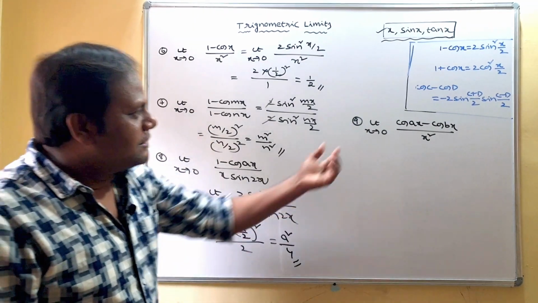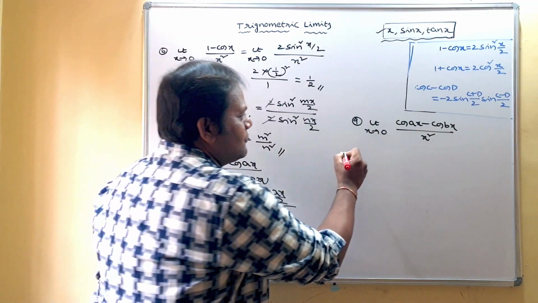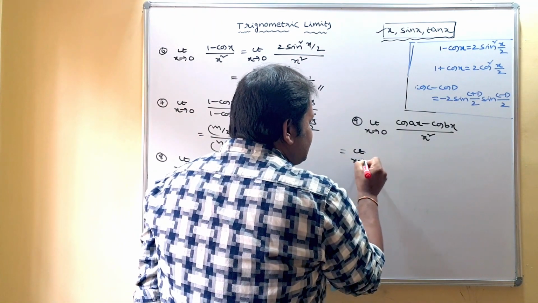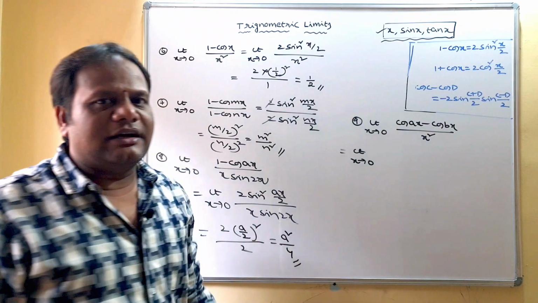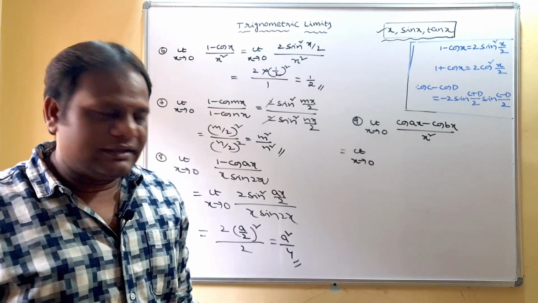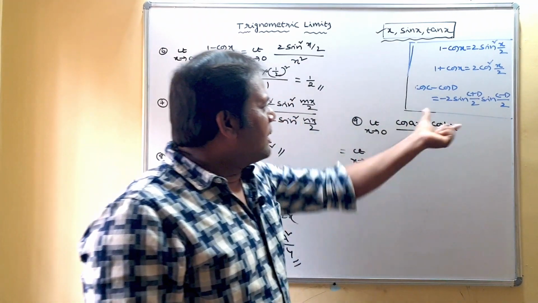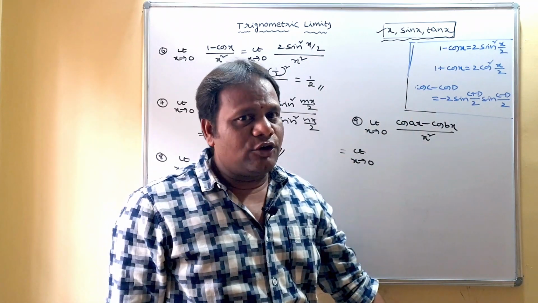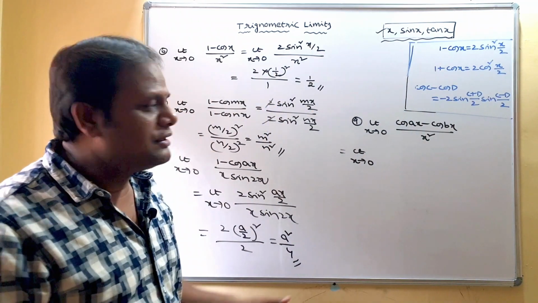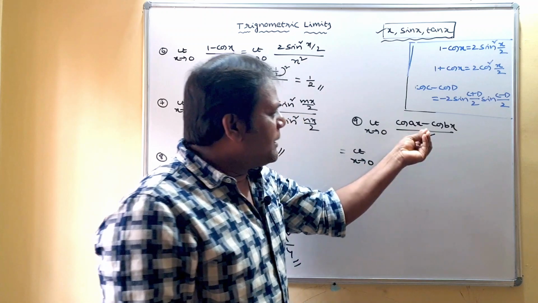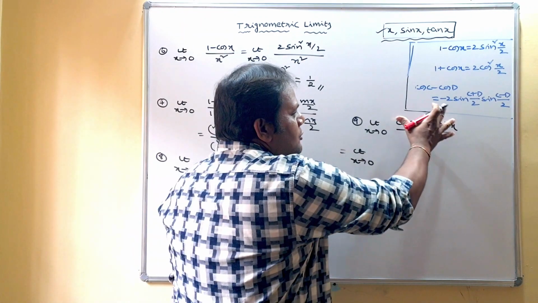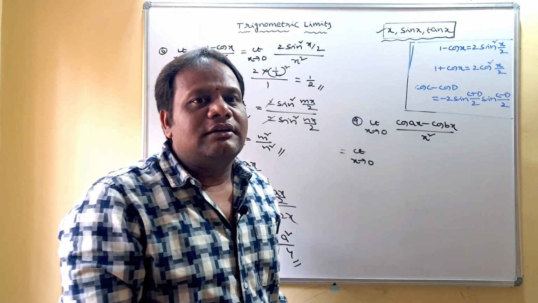Coming to this problem, see, we have here also limit x tends to 0, (cos ax minus cos bx) by x square. So if you try to evaluate it directly, you get 0 by 0 form in all these problems. So to apply the shortcut rule, I want a product of sin functions or tan functions.